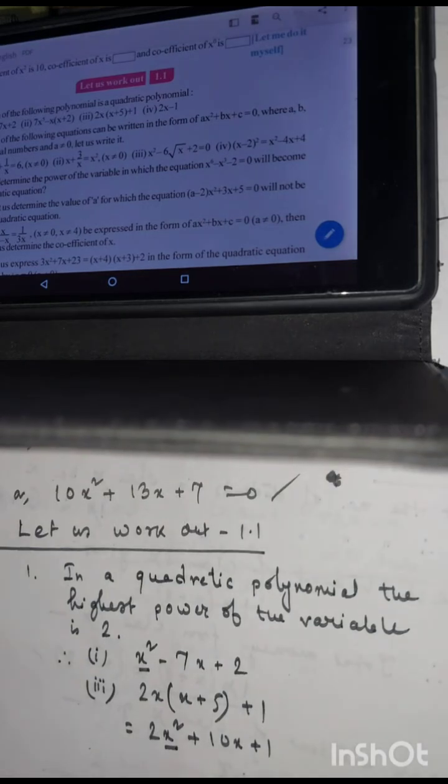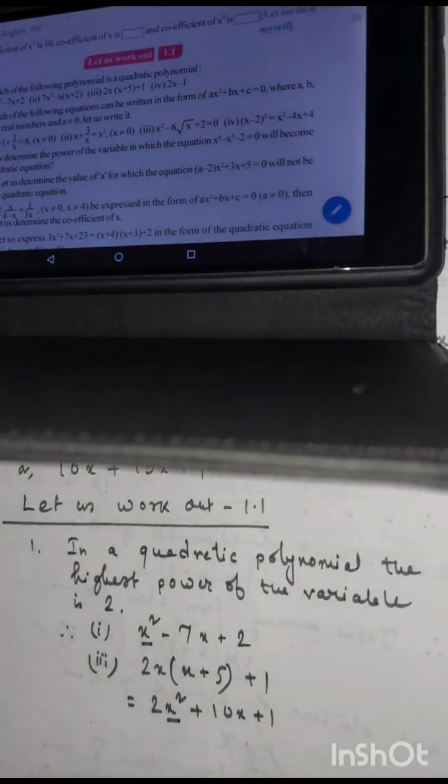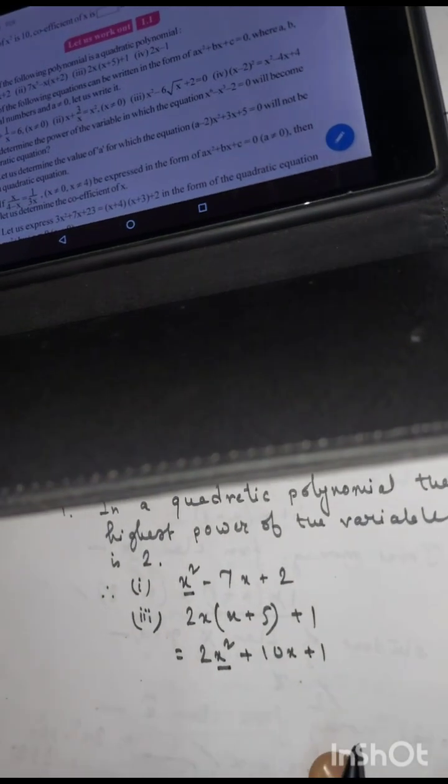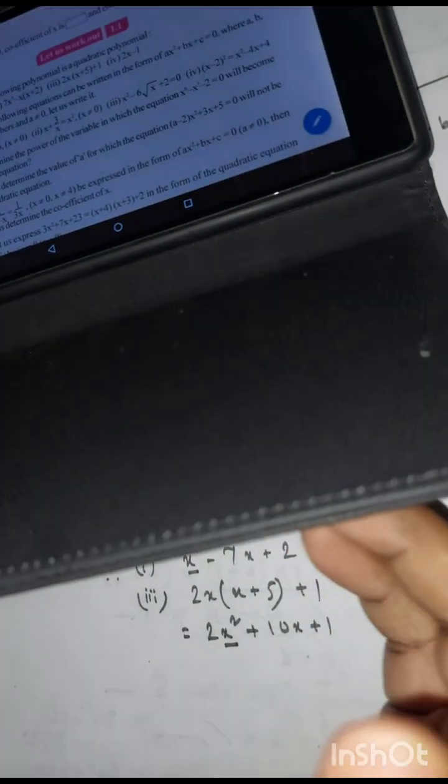So these two polynomials are actually quadratic polynomials. Now let us proceed to our next question, that is question number 2.